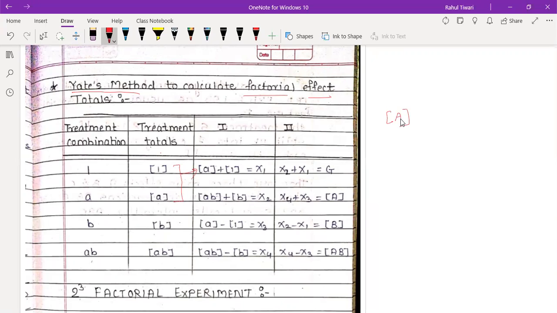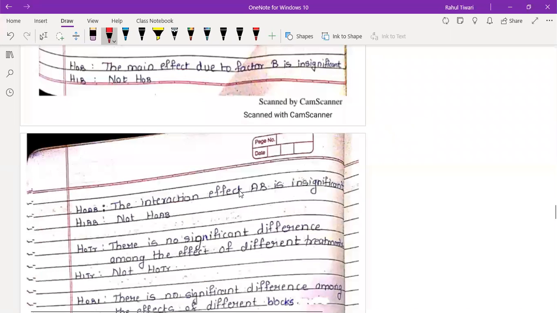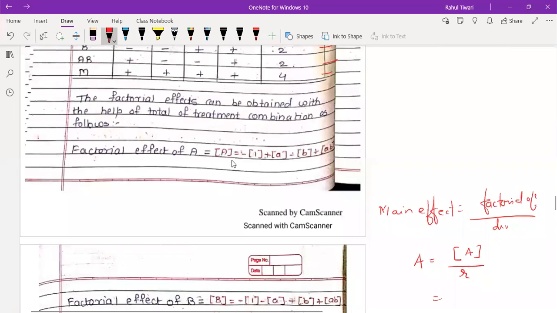To get the factorial effect A, you can directly use the formula also, but sometimes you may get confused. Factorial effect A means A is present, so like this one, close bracket A, then close bracket AB, minus the two values where it is absent.